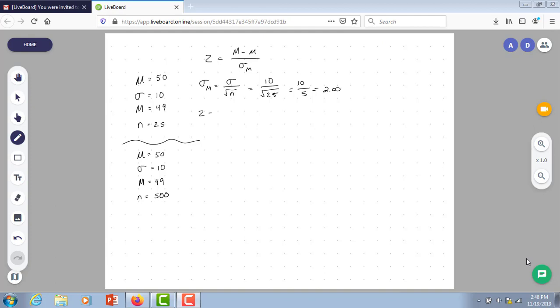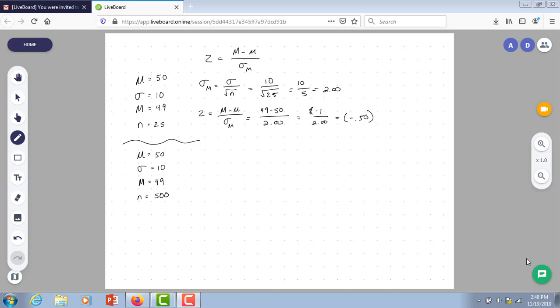Then if we plug that into our z, we'd have 49 minus 50 over 2. Once we do the numerator out, we would end up with negative 1 over 2, and then finally negative 0.50.